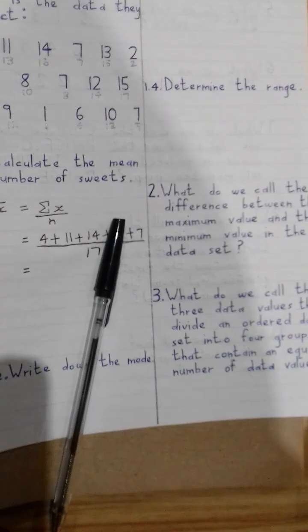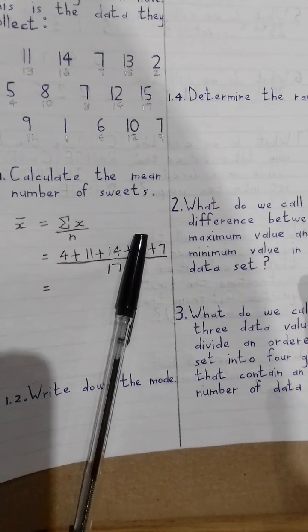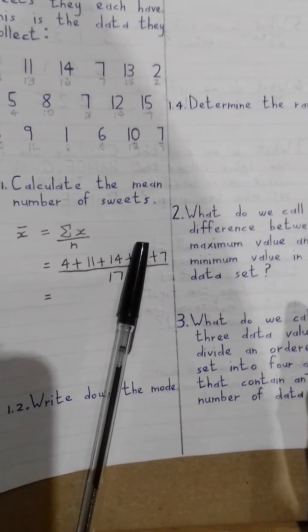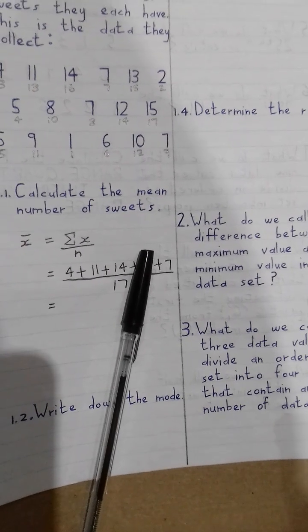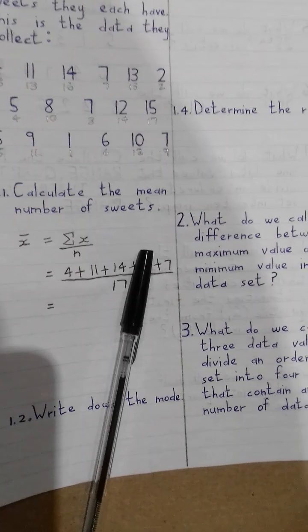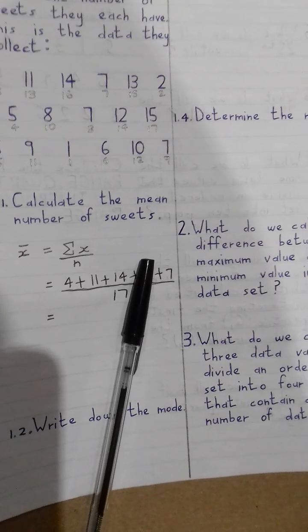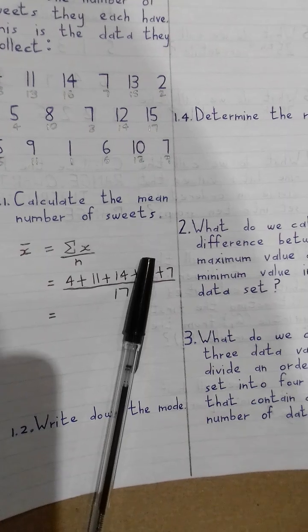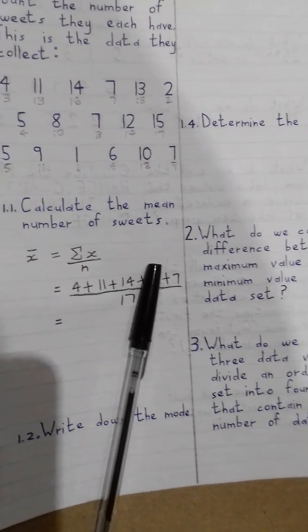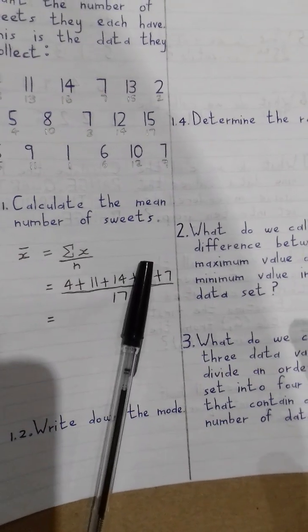Start with the numerator first. So 4 plus 11 plus 14 plus 7 plus 13 plus 2 plus 5 plus 8 plus 7 plus 12 plus 15 plus 5 plus 9 plus 1 plus 6 plus 10 plus 7.